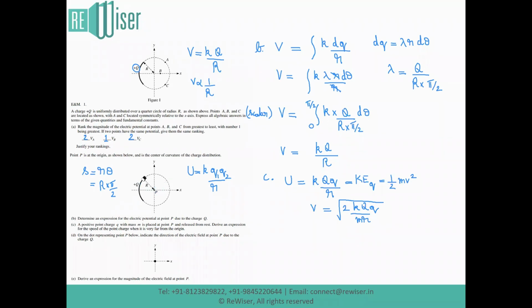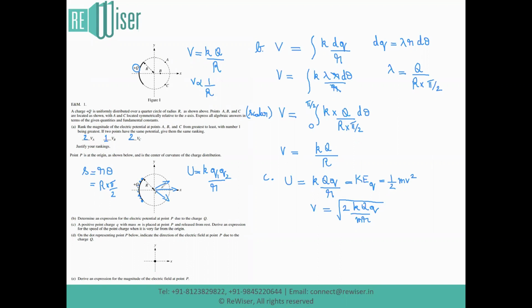We understand that there is a small infinitesimal charge delta Q at this point, which applies a field in this direction. A small charge delta Q at this point applies a field in this direction. The resultant of these two vectors is exactly through the center. A similar case can be made for the charges here and here, and here and here, and so on and so forth.